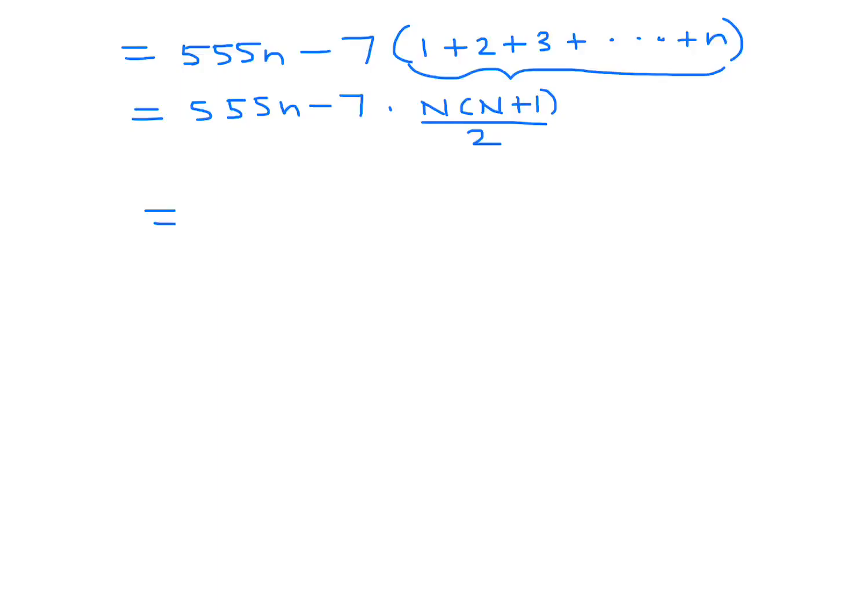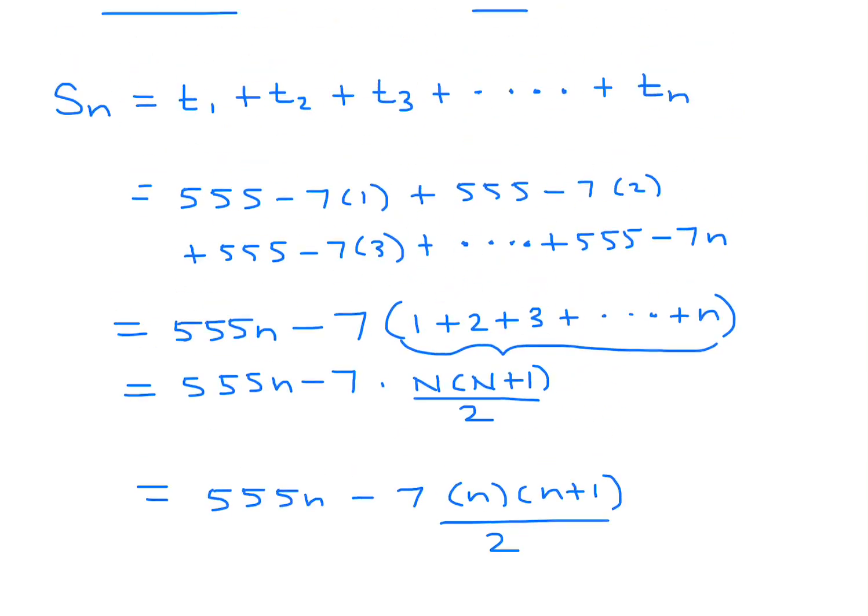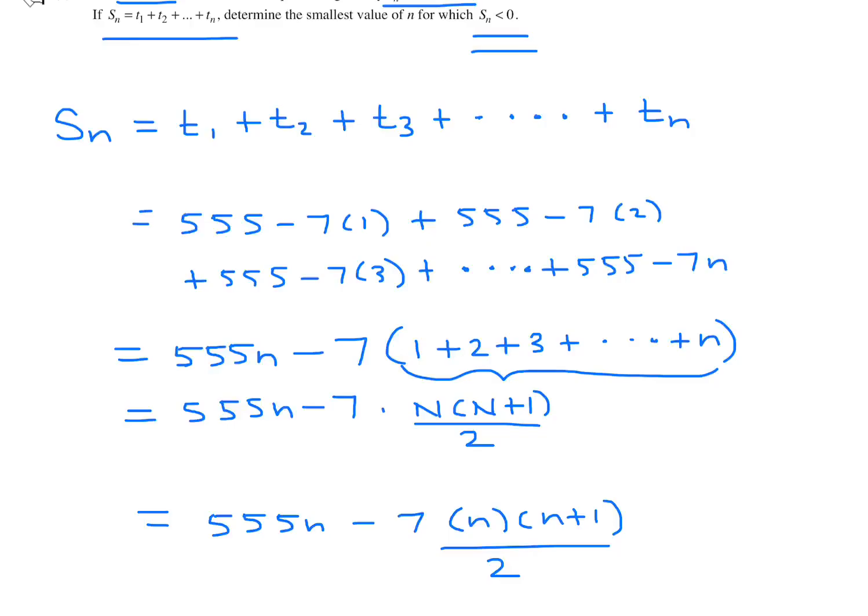So now we've got 555n minus 7n times n plus 1 over 2. And they want this whole thing to be less than 0.